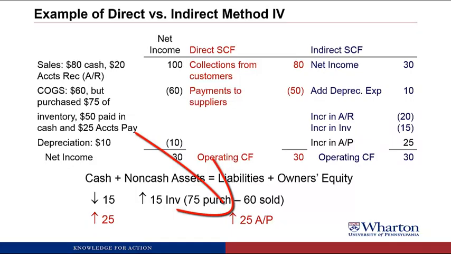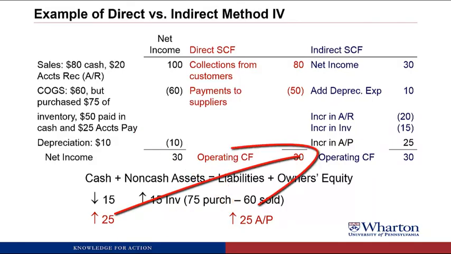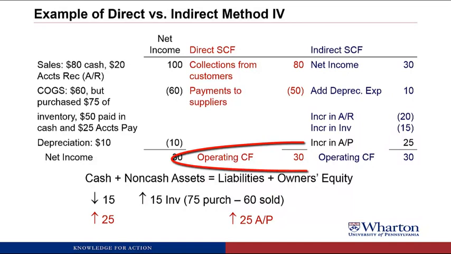That's on the other side of the equal sign, so cash has to go up by 25 to make this balance. So we can see on the indirect method cash flow statement, we have an increase in accounts payable of 25 that gets added back. When we add everything up, we get the same operating cash flows as under the direct method.